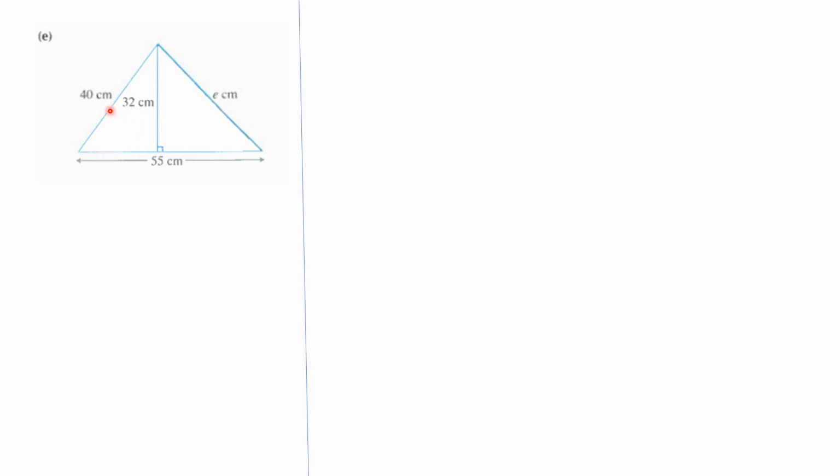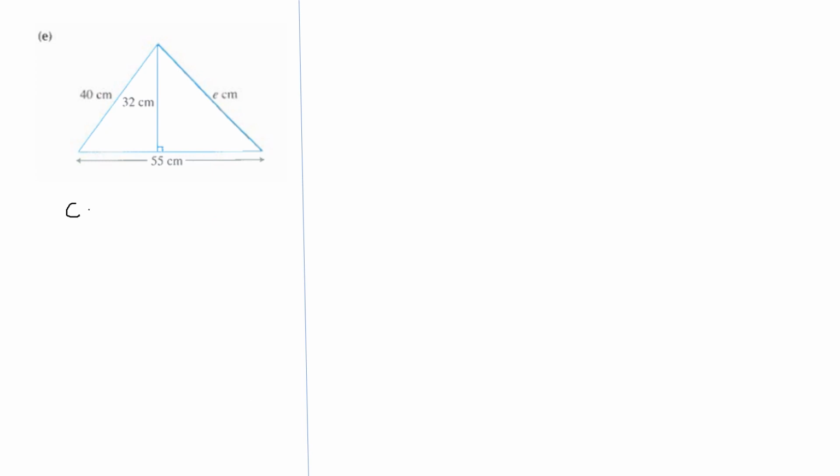So I will use two known values. In this case I have 40 and 32 to find the other side, that is base in this case. And what I will do is subtract this base from this larger base, and I will come to know what the base of the triangle is. Let's do it.